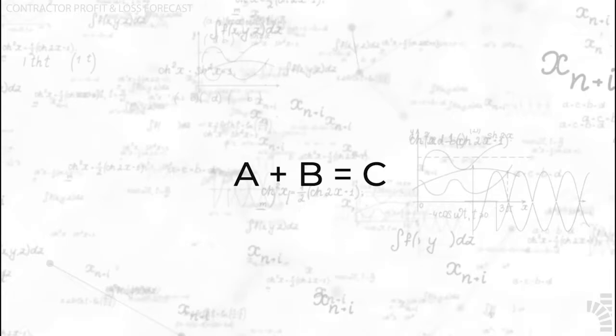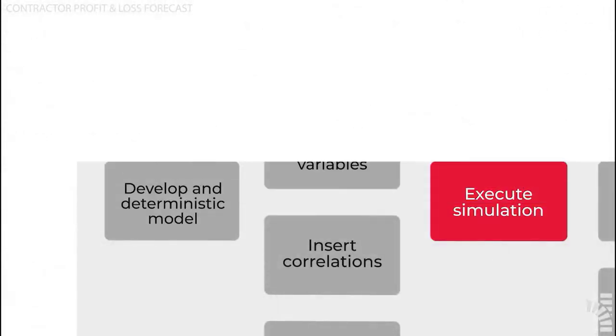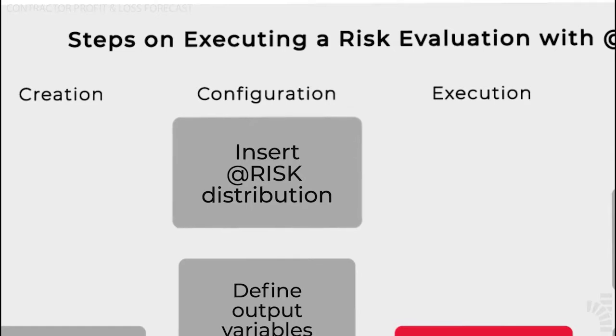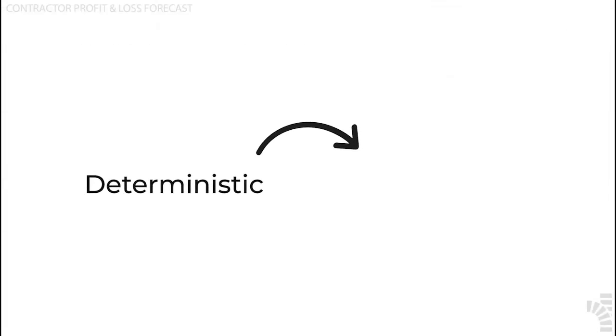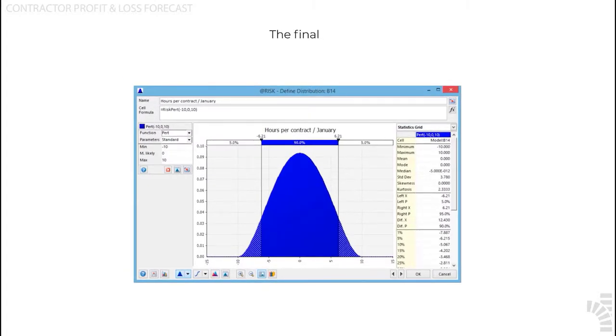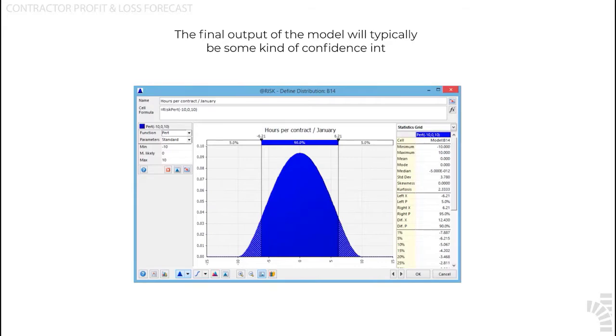2. Therefore, when we insert @Risk distribution functions, replacing the key variables of the model, we are transforming it from a deterministic one into a probabilistic one. Stochastic models incorporate one or more probabilistic elements into the model, expressed as distribution functions, which means that the final output of a model will typically be some kind of confidence interval with a most likely point estimate.